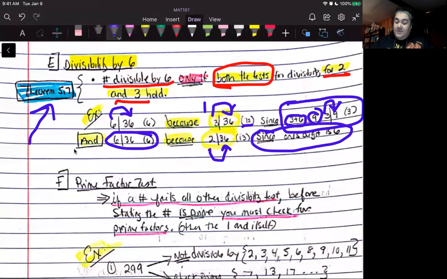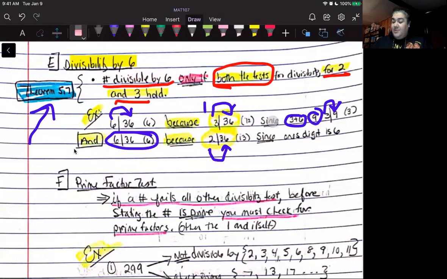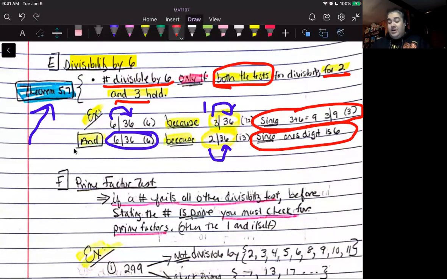Okay? So let me erase this here so it's a little less confusing. But basically what we're saying is that because 3 goes into 36, and this is just reminding you of what the test for the divisibility of 3 is, and because 2 goes into 36, and this is just reminding you of what the test for the divisibility by 2 is, then because those two are true, by theorem 5.7, we can say that 6 will also divide into 36 evenly.